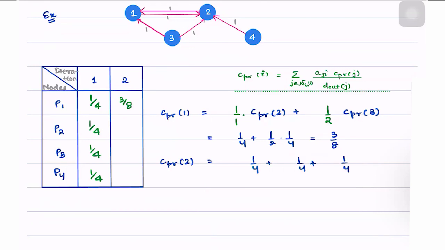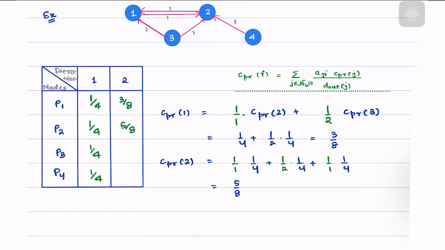Now the weights are: node number 1 has just 1 out-degree, so we divide this by 1, and node number 3 has an out-degree of 2, so 1 by 4 gets divided by 2, and again node number 4 has just 1 out-neighbor, so this is what it would look like. And this adds up to 5 by 8, meaning this has a score of 5 by 8.